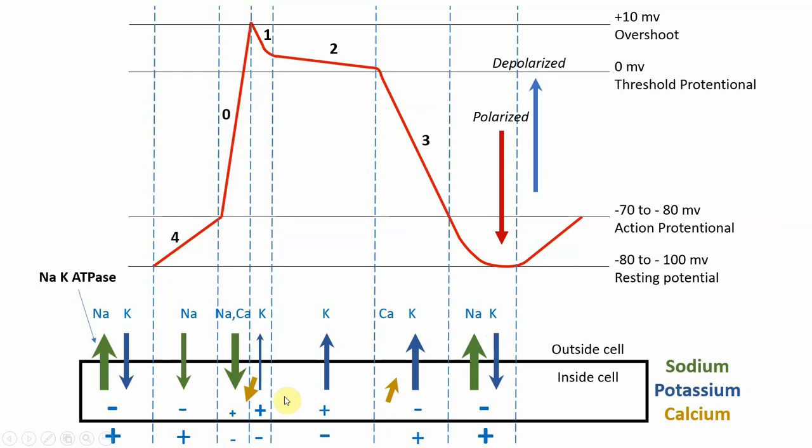This is what actually happens whenever sodium, potassium and calcium are released. Calcium is released from inside, and some of the calcium is also coming from outside. It is not that all the calcium is released from inside only.